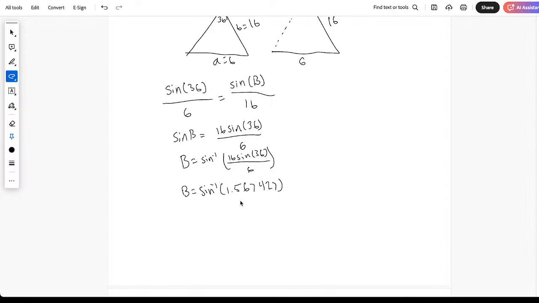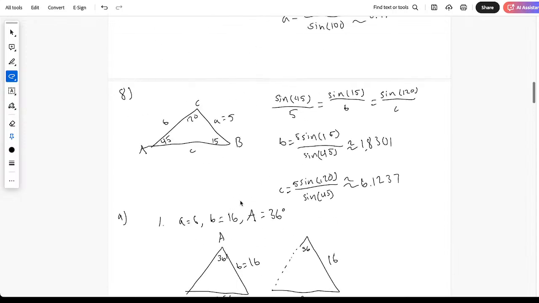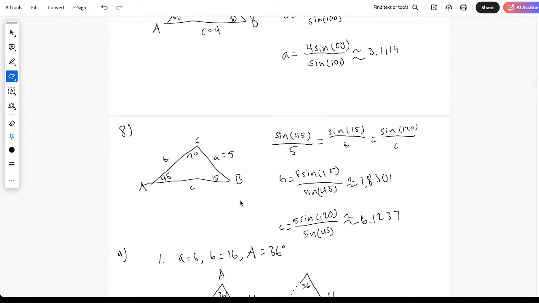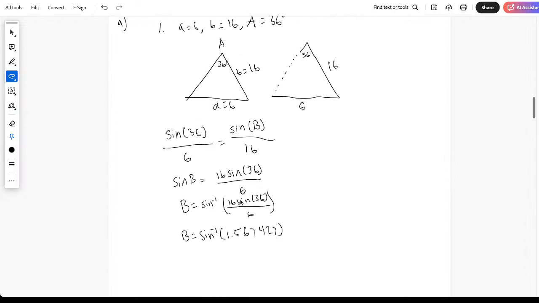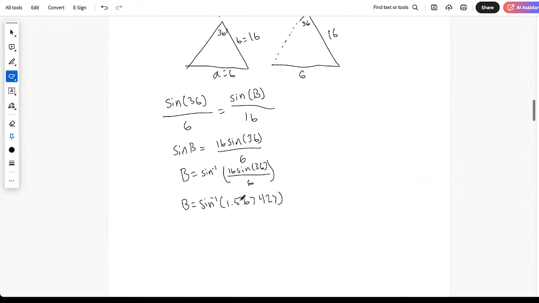It just says domain error. I think it's because the inverse sine of something cannot be greater than 1 or less than -1. So let me test that theory. If this was 0.5, yeah, that gives me an angle. So it gives us 0 triangles.